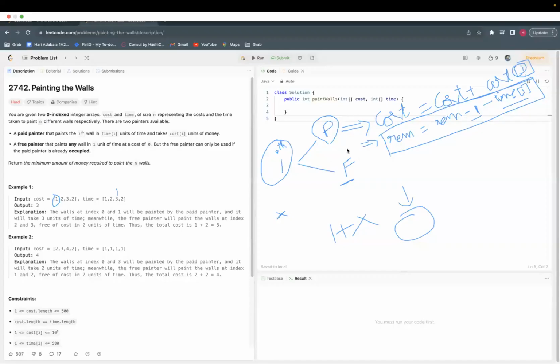So in the second case, if that particular wall is getting painted by the free painter, then what are we doing? We are not hiring him, then the cost will not increase.